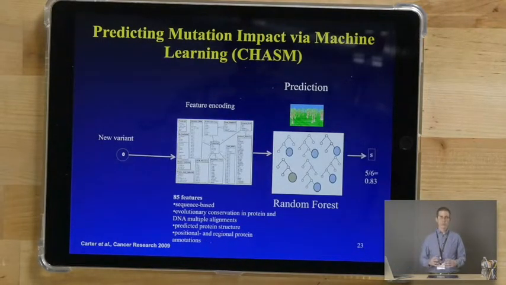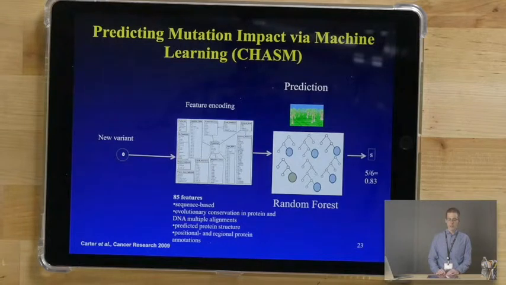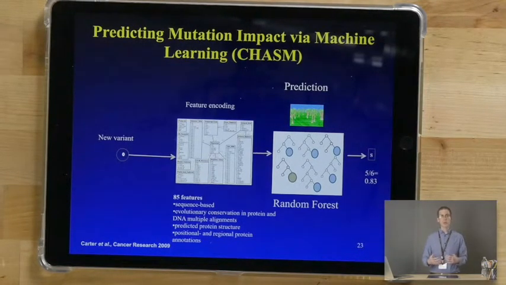Once you have trained a model, you can then ideally predict new mutations which you've never seen before, to understand whether they're more likely to have an effect and be cancer promoting, driving cancer growth, or having more of a neutral effect.